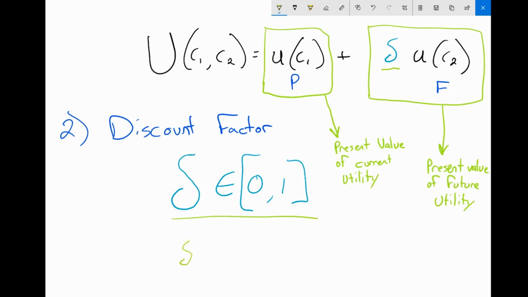If delta is equal to 0, that means I don't care about the future at all. If delta equals 1, that means I care about the future as much as I care about the present.